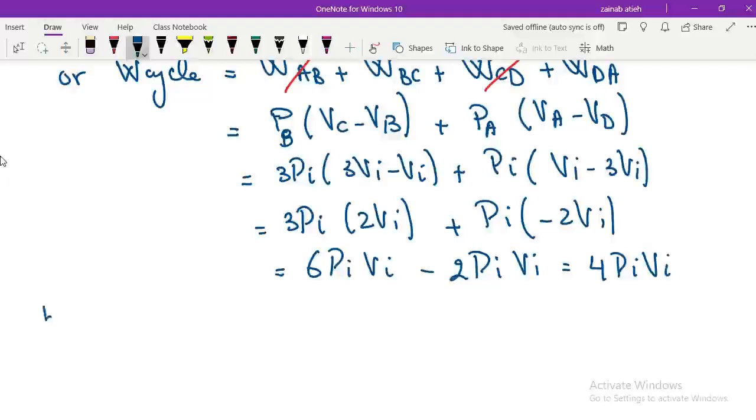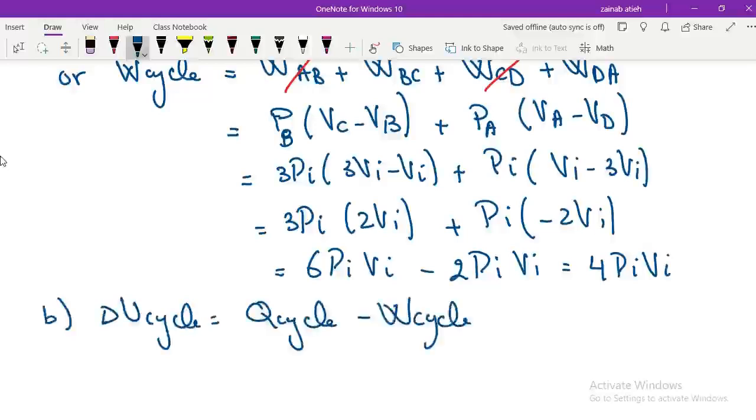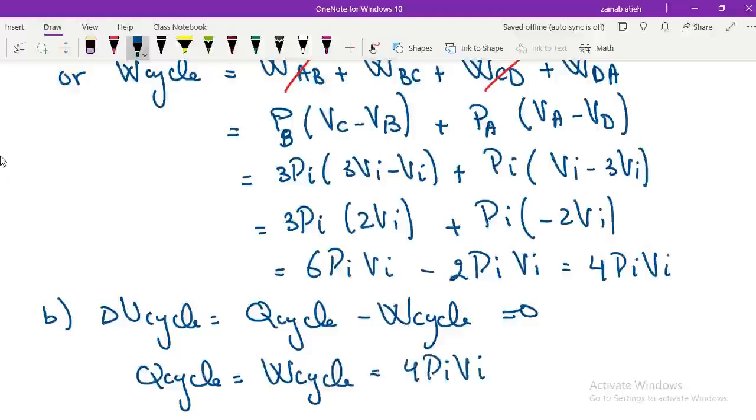So this is part B. I will use delta U of a cycle equals Q of a cycle minus the work of a cycle. Why? Because I have already calculated the work of a cycle. Delta U will be equal to 0, and I will get Q of the cycle equal to the work done by a cycle. So the heat absorbed by the system is equal to 4 Pi Vi.